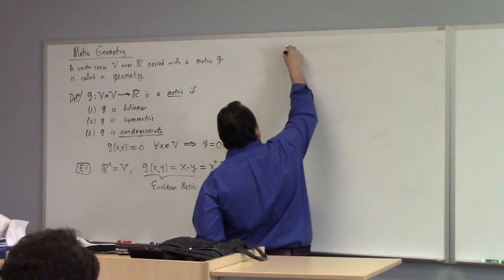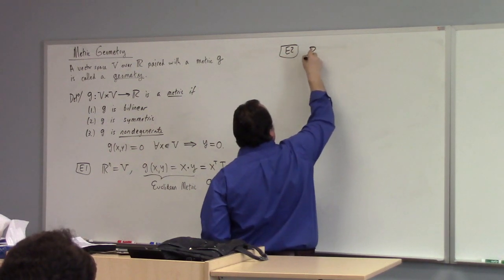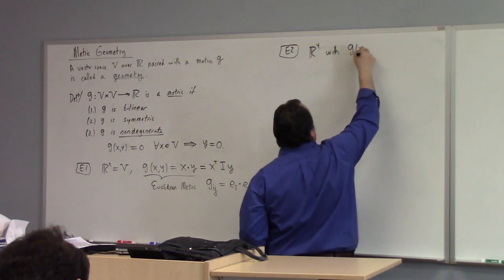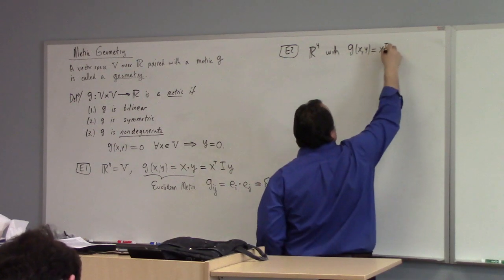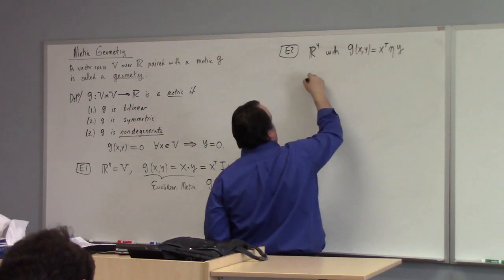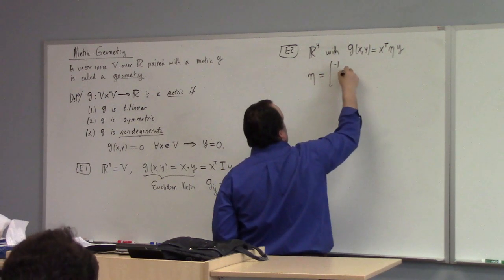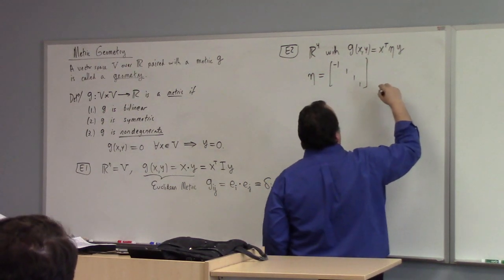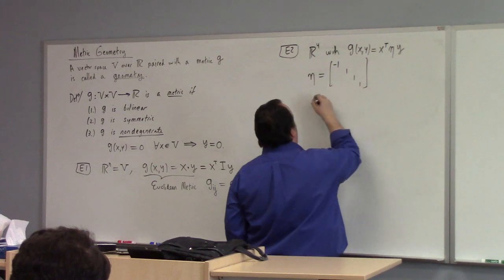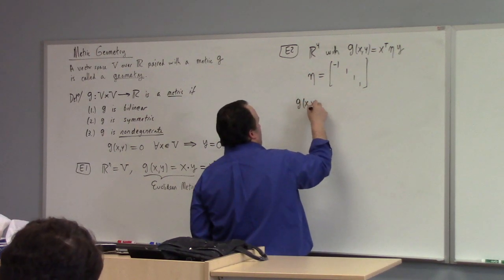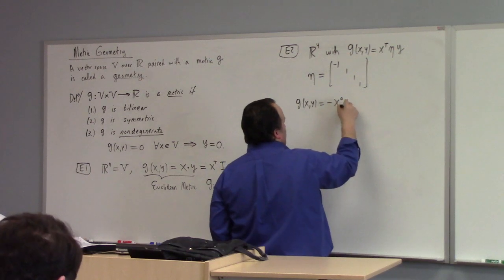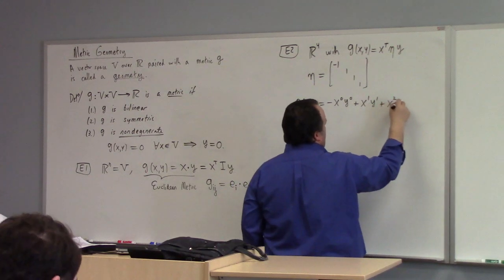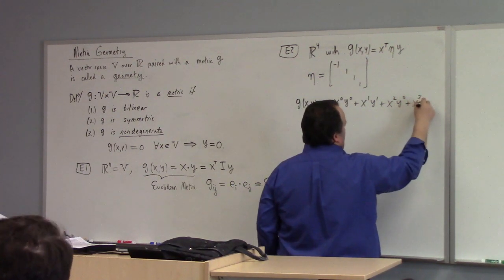Example 2, R4 with g of x, y equals x transpose eta y, where here eta is diag(-1, 1, 1, 1), otherwise 0, right? Specifically here, g of x, y is minus x upper 0, y upper 0, plus x upper 1, y upper 1, plus x upper 2, y upper 2, plus x upper 3, y upper 3.